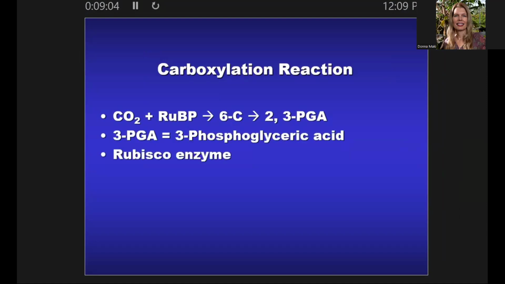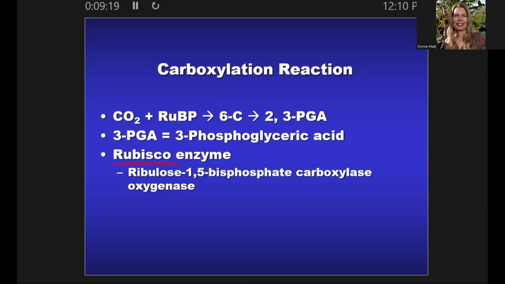So the enzyme that facilitates this reaction of taking the CO2 and reacting it with RuBP is called Rubisco. And I do need you to know that. So Rubisco, that's an acronym. It stands for ribulose 1,5-bisphosphate carboxylase oxygenase.